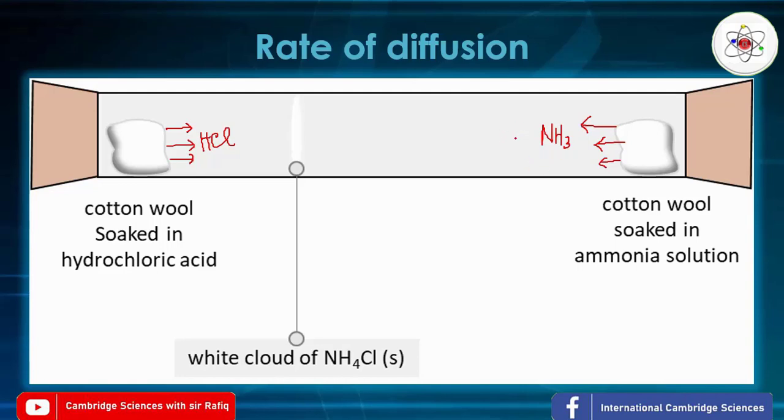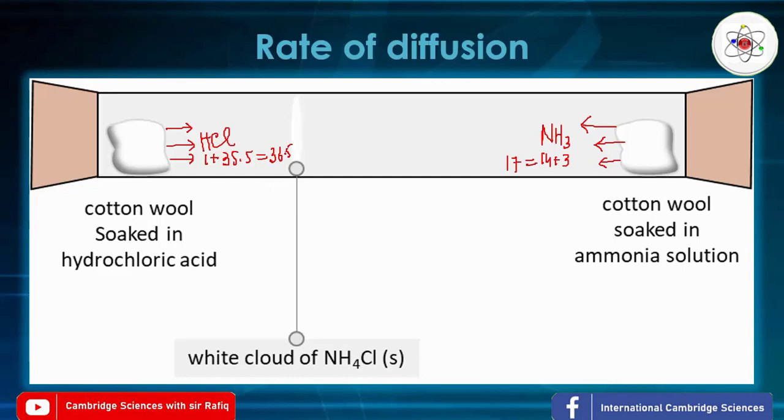For that purpose we have to calculate their relative molecular mass. The atomic mass of nitrogen is 14 and hydrogen is 1, and there are 3 atoms of hydrogen. So 14 plus 3, so 17 is the Mr of ammonia, right? 1 plus the atomic mass of chlorine, 35.5, so 36.5 is the mass of HCl.